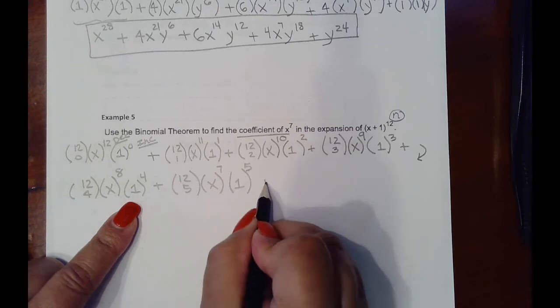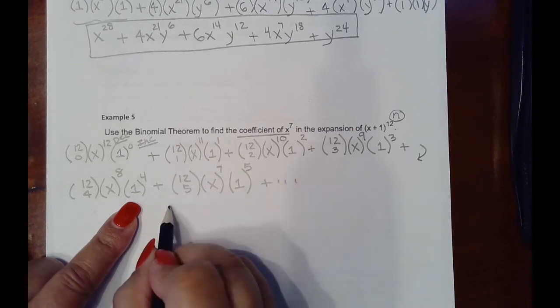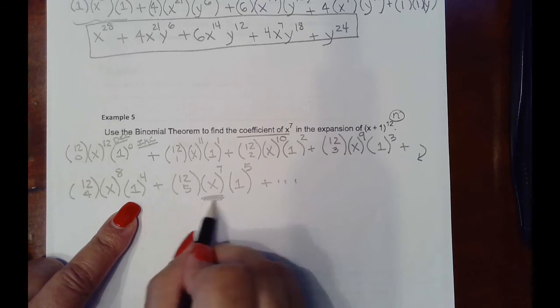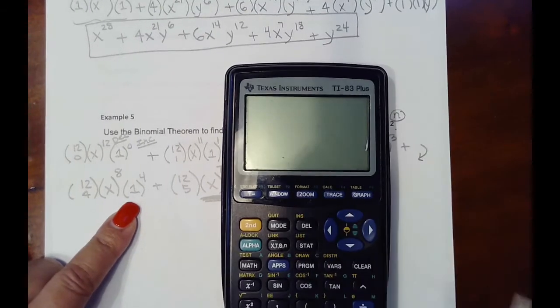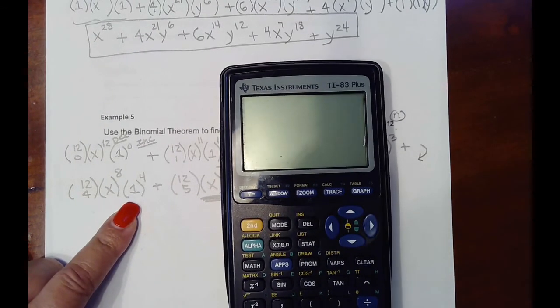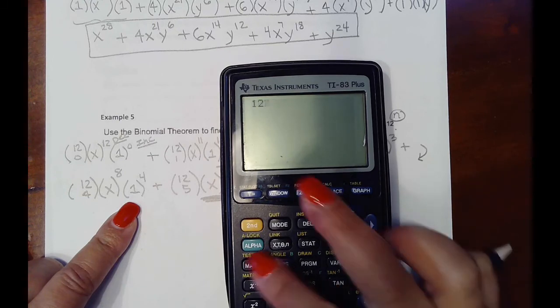So it would go on and on, except we've been asked about this specific term, x to the 7th. So we can do 12 over 5. We can go 12, 12, and go to math.